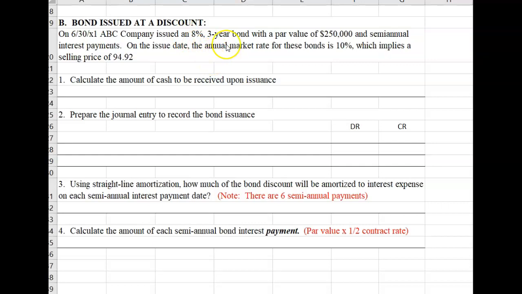The market rate of interest at date of issuance is 10%, but we're only paying 8% interest. Therefore, the issue price of the bond is going to have to be adjusted downwards to equalize the yield between the 8% we're willing to pay and 10% market rate of interest.